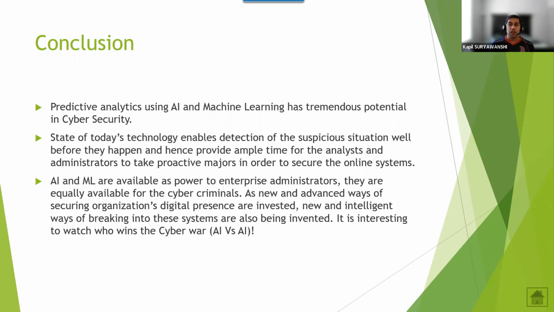In any different situation, if it is presented to it, it will learn from it and respond accordingly. State of today's technology enables detection of suspicious situations well before they happen, and that's the best thing, because it helps a human IT administrator become proactive, not fixing the problems later.